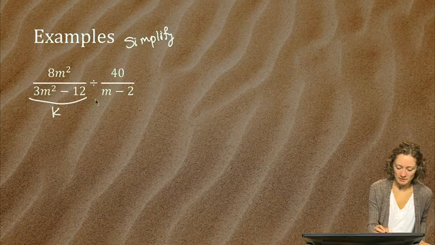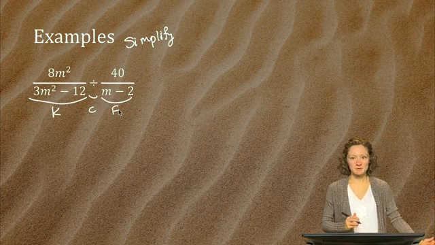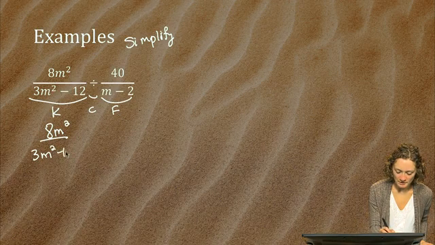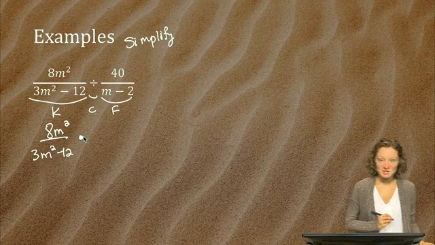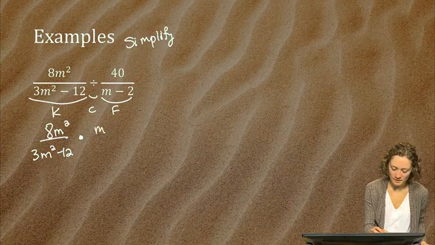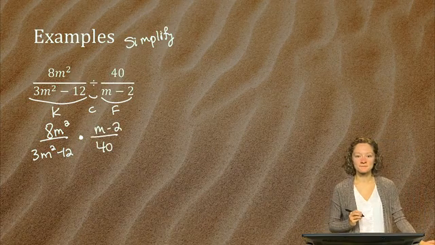Keep the first fraction the same, 8m squared over 3m squared minus 12. Change the division to multiplication and flip the second fraction: m minus 2 over 40.